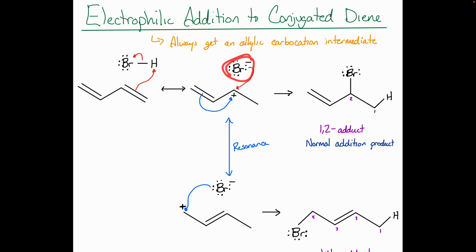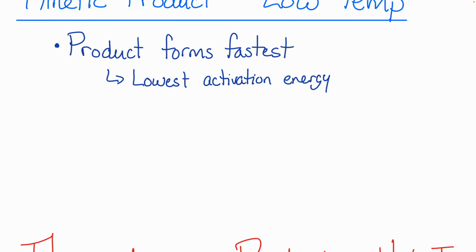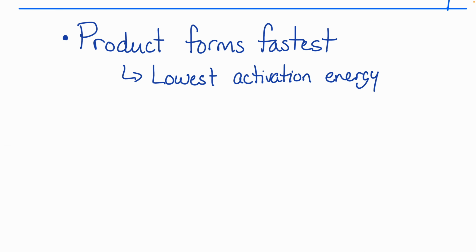So this one forms the fastest because of what we call the proximity effect, because it's right there. It's already right next door to that carbocation, so it can form really quickly. In order to go all the way to the other side of the molecule, it would need more thermal energy. It would need to travel over to get to this side of the molecule, which requires some heat. So when we're talking about our kinetic product here, our kinetic product is always our 1,2 adduct.